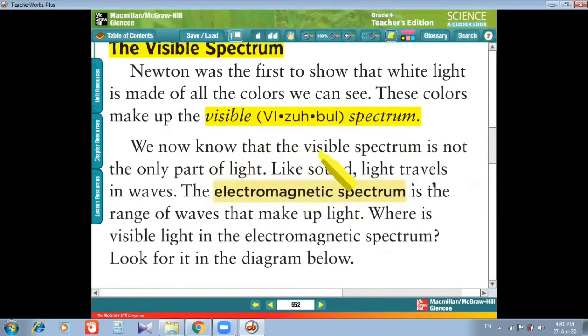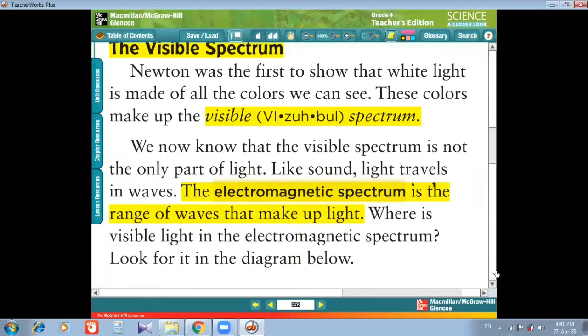We now know that the visible spectrum is not only part of light. If we talk about light, there are some other spectrums also. Light travels in waves. The electromagnetic spectrum is the range of waves that make up light. It's a combination of all the waves that make up the light.